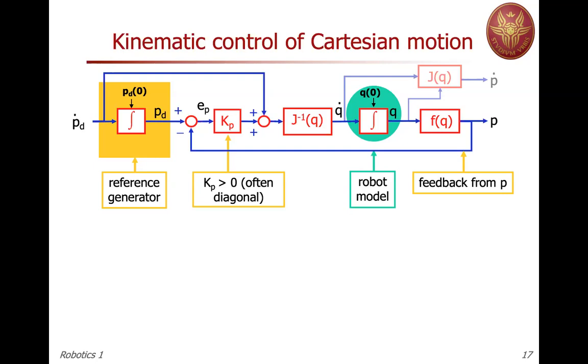Indeed, it's a simple exercise that I strongly suggest you to do, to make a scheme, either in the joint space or in the Cartesian space, that does the equivalent of this, but assuming that we command joint acceleration, so Q double dot. We need to bring everything at the second order. We have to close a feedback term, both on position error and on velocity error, since we have moved the command to the acceleration level.